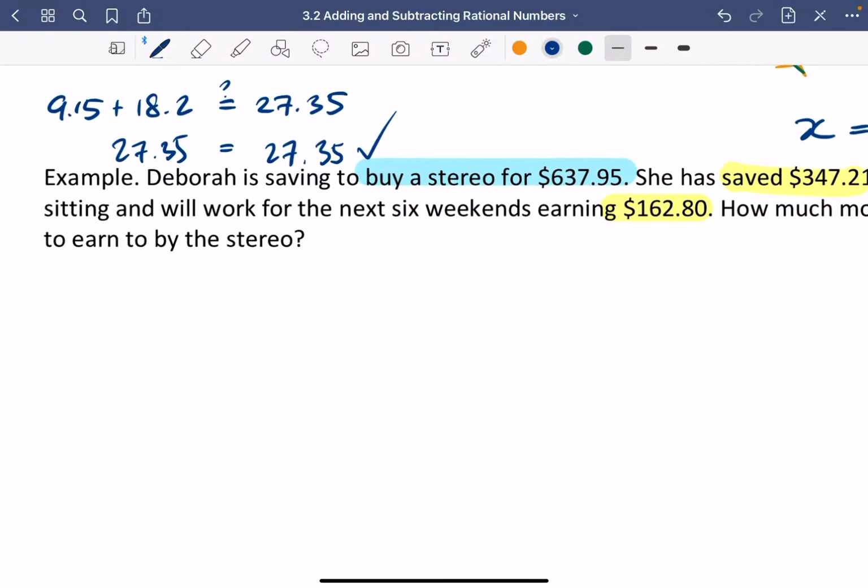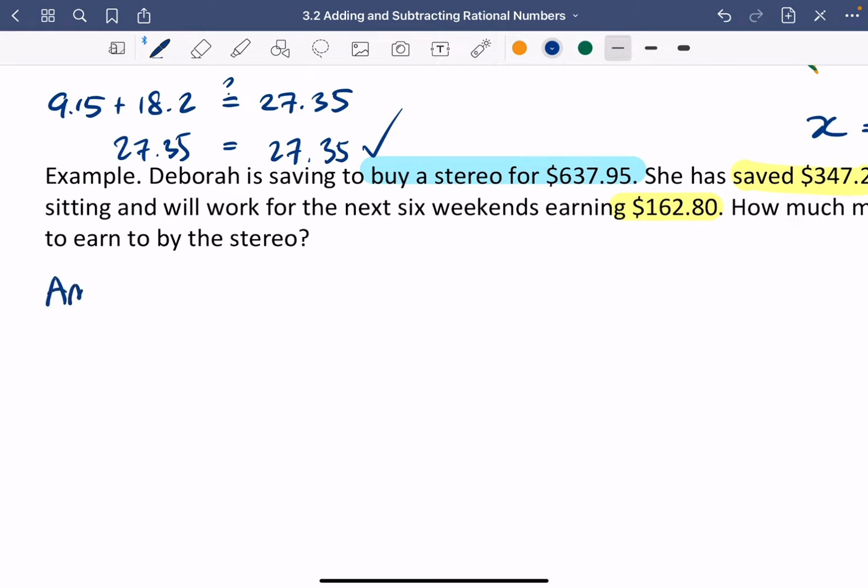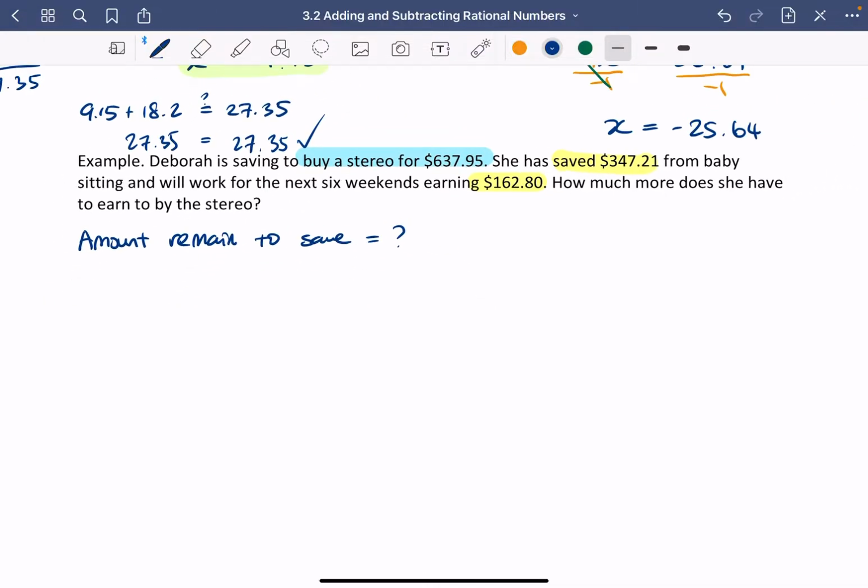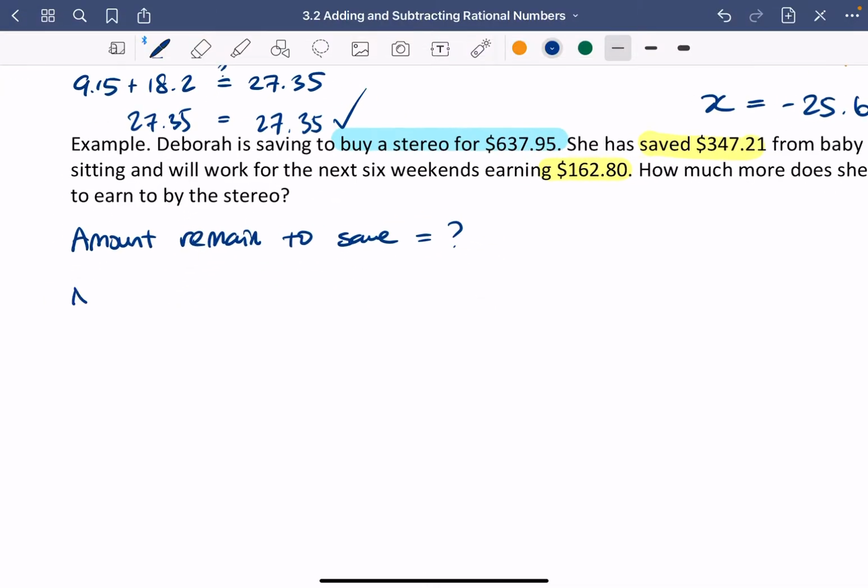So what we want to know is the amount remaining to save. So we want to know what this is. Right? And we can write down what we know already. We know that she needs $637.95.